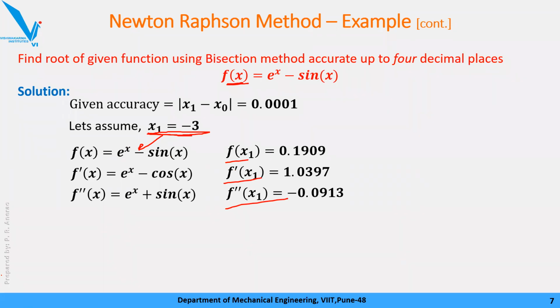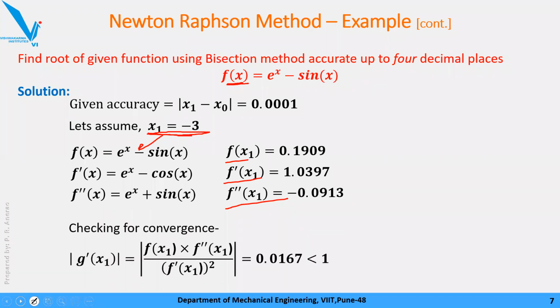Then put all those data in the given convergence equation. Put everything in here. Find out how much is g dash of x in mod. If it is less than 1, that means the initial guess you have taken is correct, and you can proceed with the iteration.